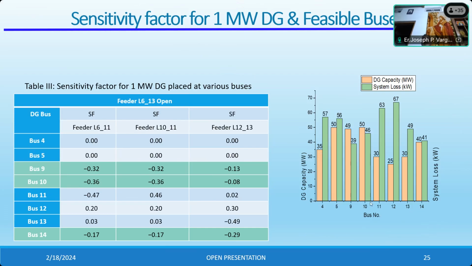But when we place 39 megawatt at bus number 9, and 49 megawatt at another bus, the loss is 39 kW. From this analysis, we reveal that these are the three feasible buses, and the optimal bus is the bus where the loss is minimum. And the respective capacity is called the optimal capacity.